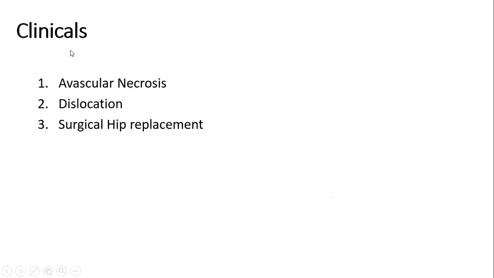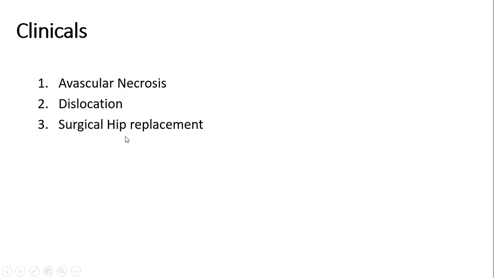So let's see some clinicals associated with the hip joint. We have avascular necrosis, which we just discussed earlier. Dislocation. Posterior dislocation of the hip joint is much more common than the anterior dislocation. But dislocation overall is very uncommon, but it may take place depending on the severity and extent of the blow to, or damage to, the hip joint.